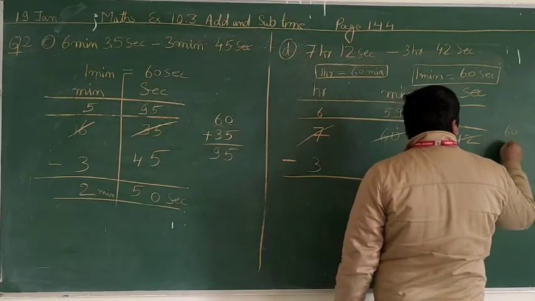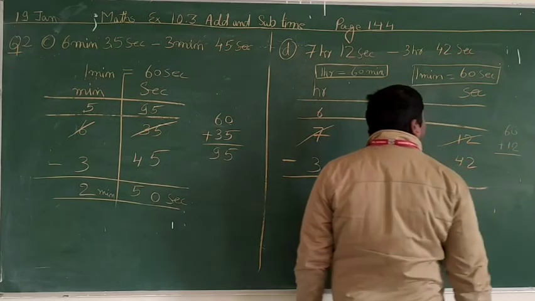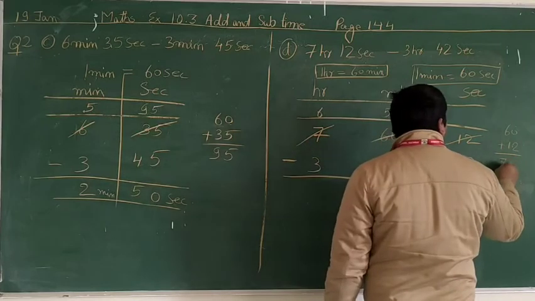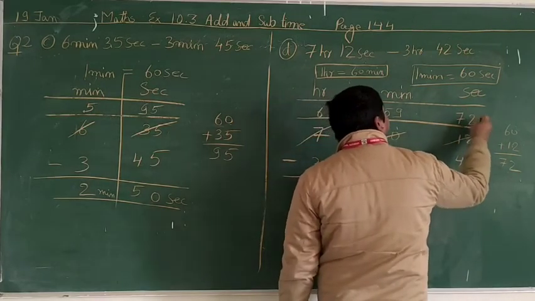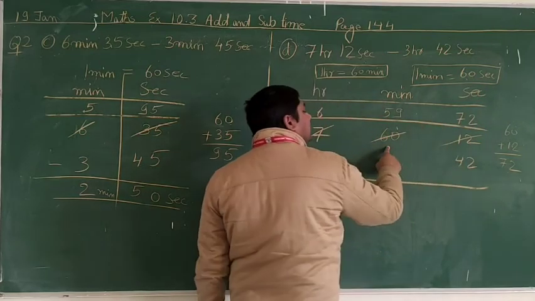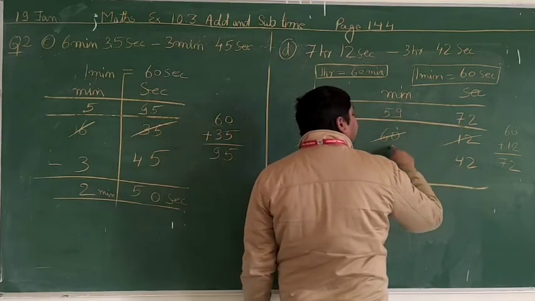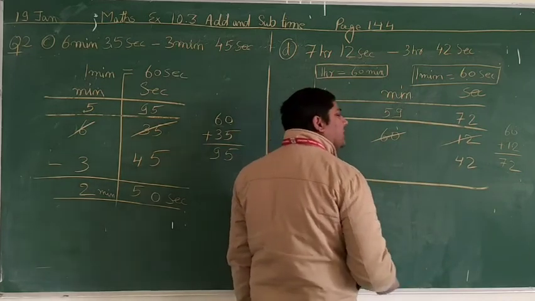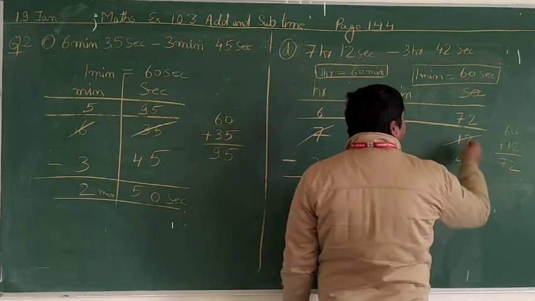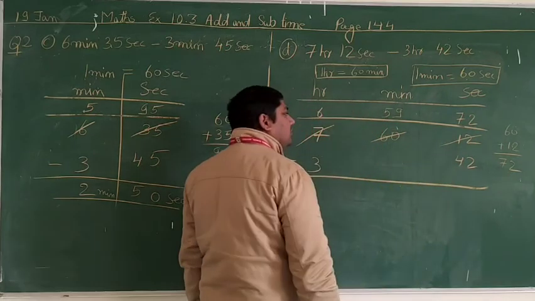So 60 plus 12, it will be 72. Now we will write 72 here because 60 seconds you borrowed from here. 1 minute को अगर आप seconds में लेकर आओगे तो वो हमारा 60 seconds बन जाता है. Now these are the 72 seconds.